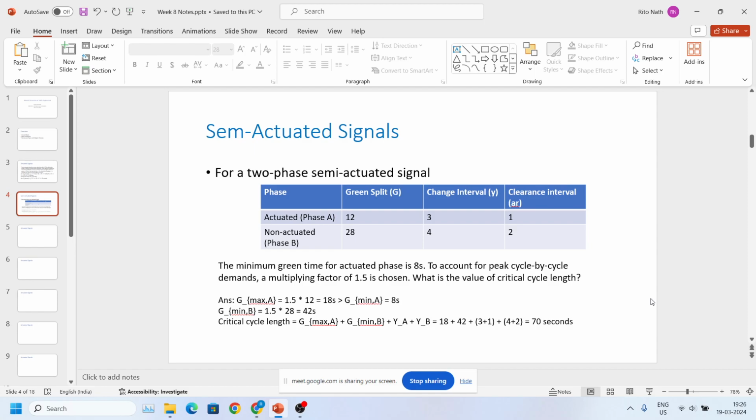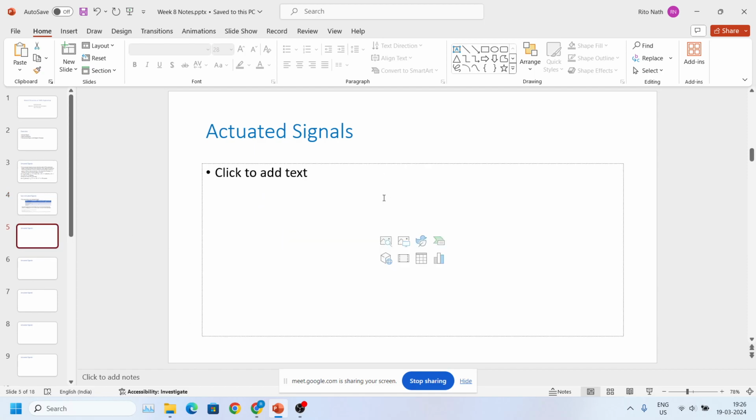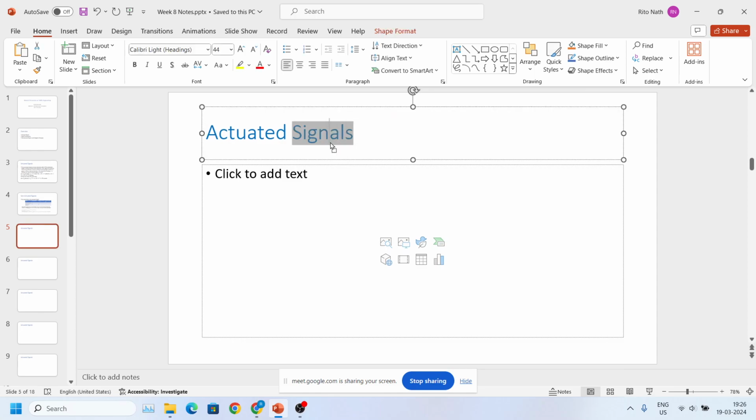So it's about multiple signals and calculating the offsets and so on. So let me write it down. This is on some numericals.